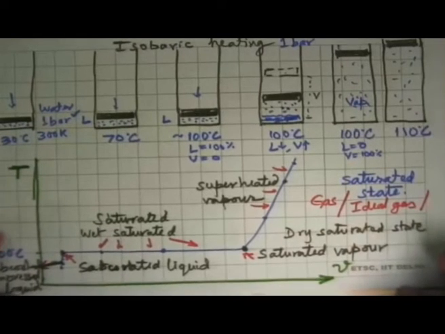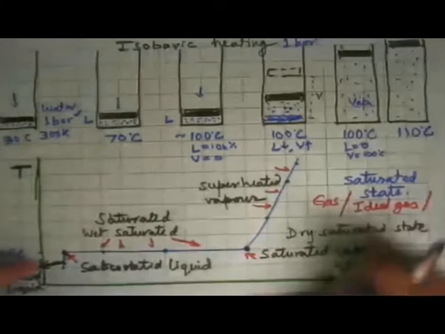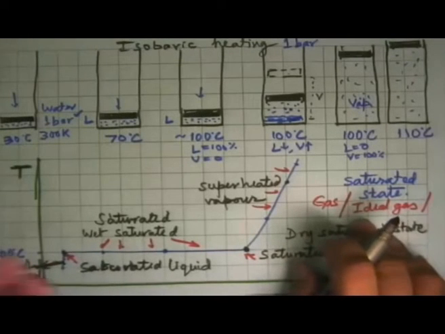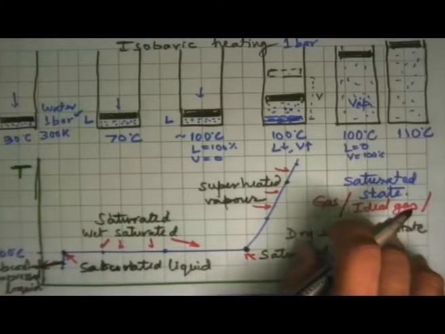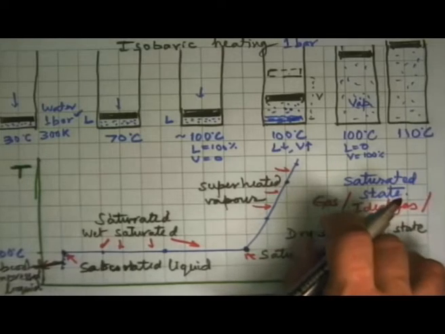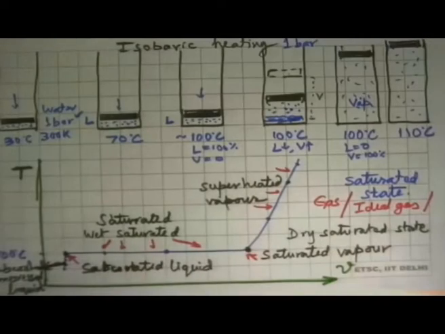Further on, either of two things can happen. The continuum hypothesis may break down, or the substance may begin to dissociate. O2 can break into O and O atoms. So we will not go to that point, but that's what will happen if this heating were to have continued for a long time.